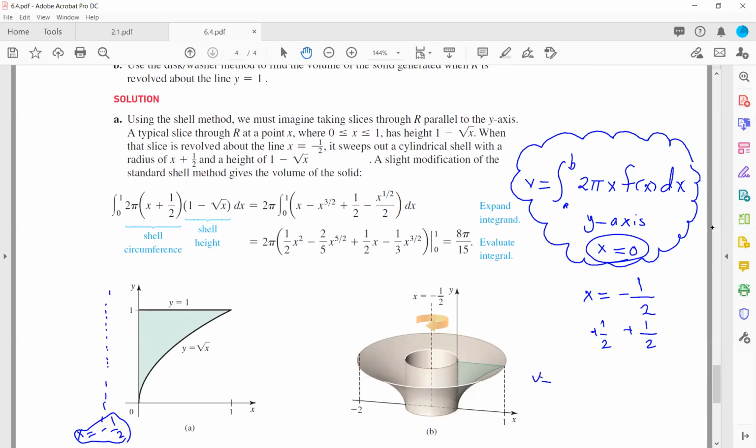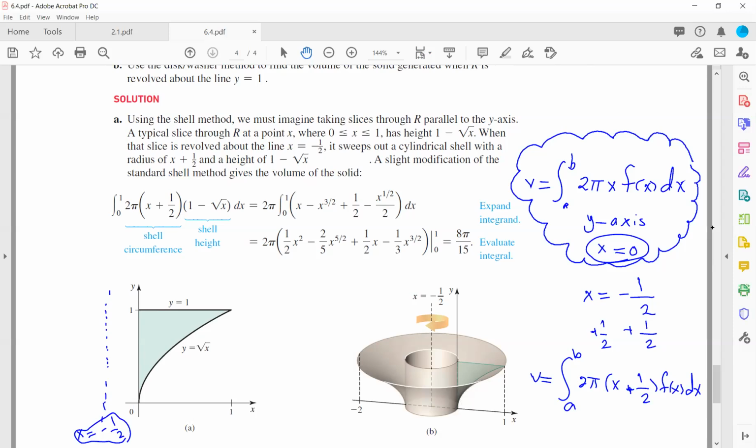V is equal to the integral of 2 pi times (x plus a half) f of x dx. What's the lower bound? What's the upper bound? Identify those and solve this integral.